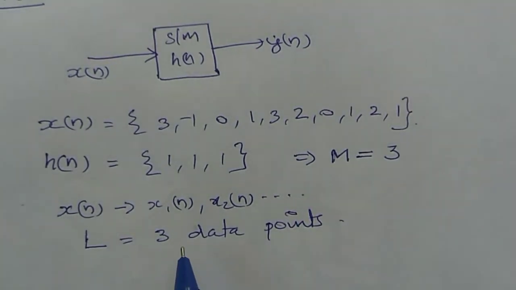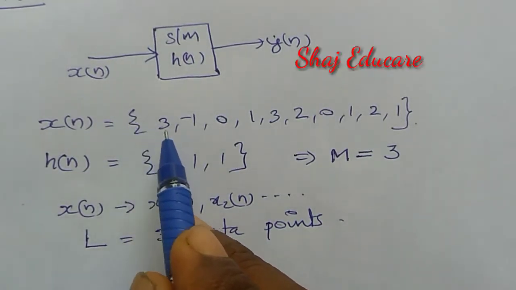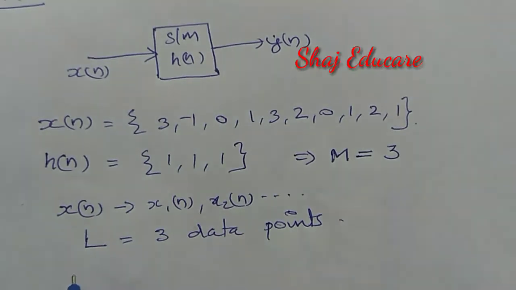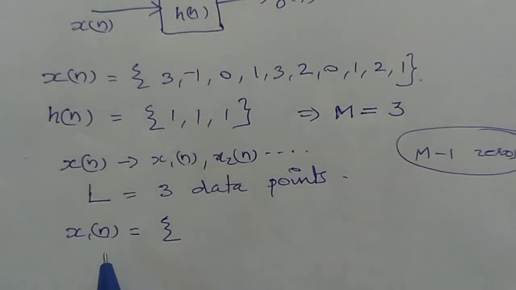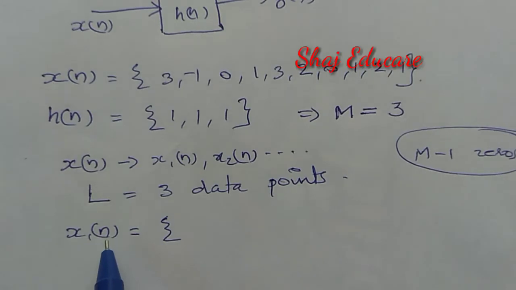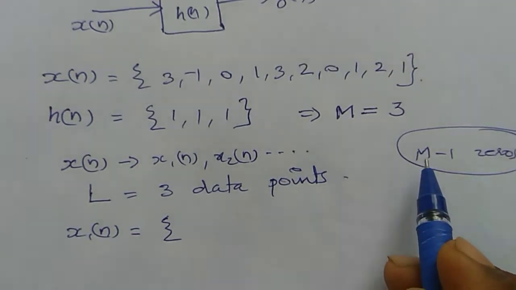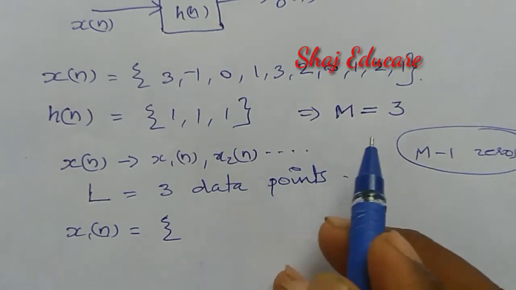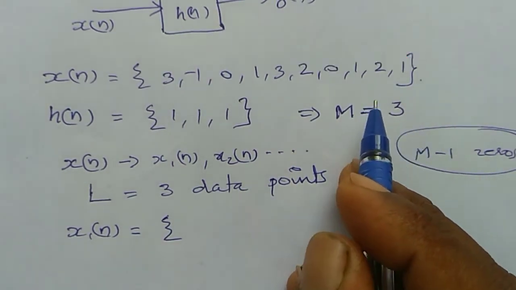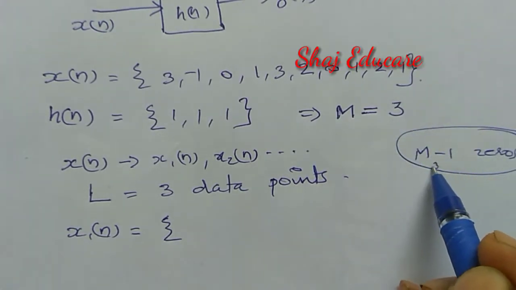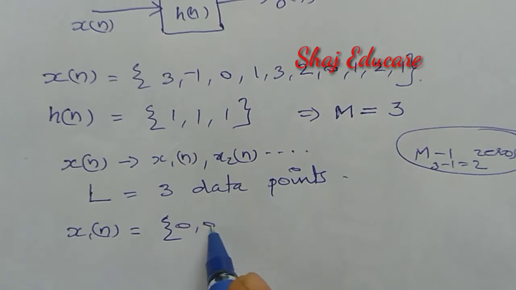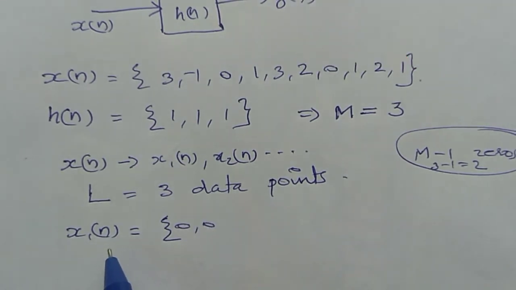Now let us take 3 data points from the given x of n and construct x1 of n. In order to construct the discrete data block x1 of n, first of all we have to put m minus 1 zeros. Here m is equal to 3, so m minus 1 is 3 minus 1, equal to 2. So we have to put 2 zeros while constructing the first block x1 of n.